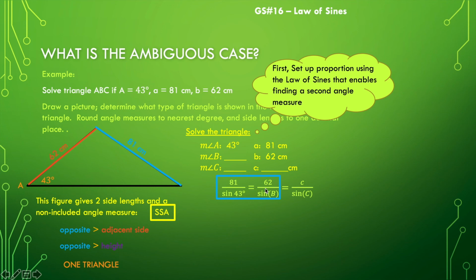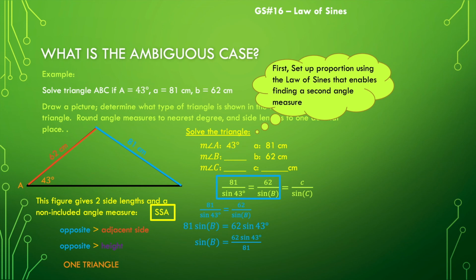So I'm going to use this proportion and solve for the measure of angle B. I'll cross multiply and I'll get 81 times the sine of angle B is equal to 62 times the sine of 43 degrees. I'll divide through by 81 and I'll get the sine of angle B is this quotient, 62 times the sine of 43 degrees divided by 81.